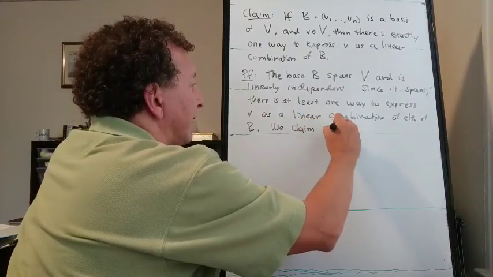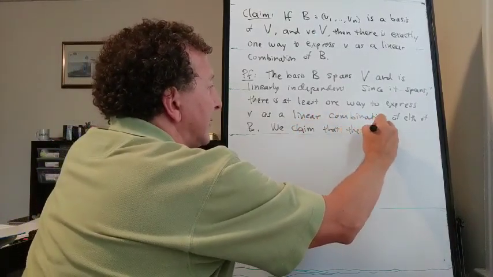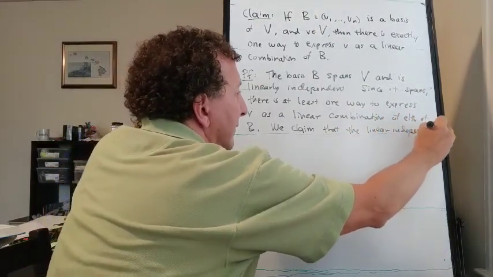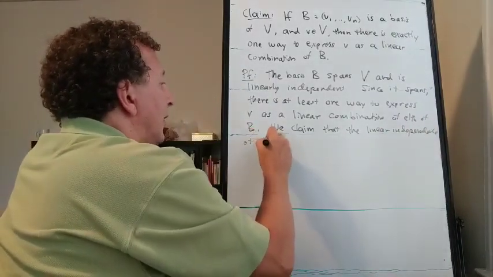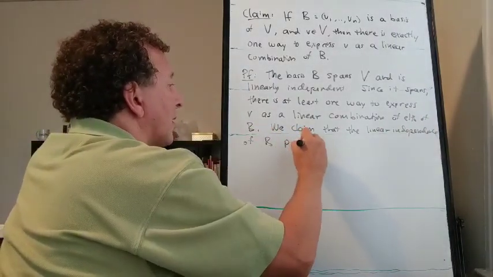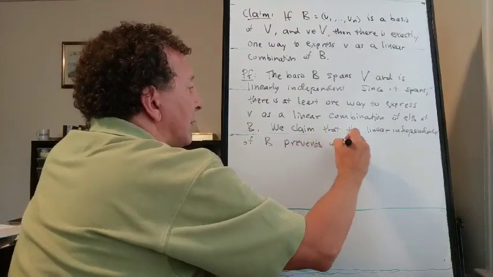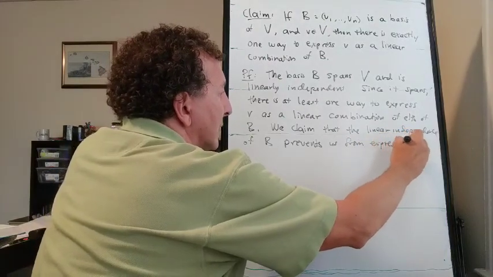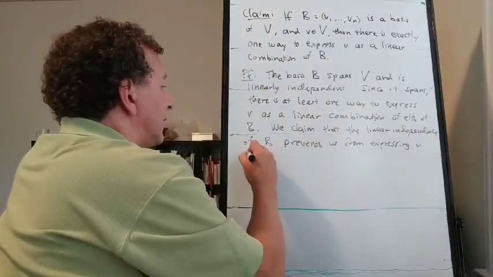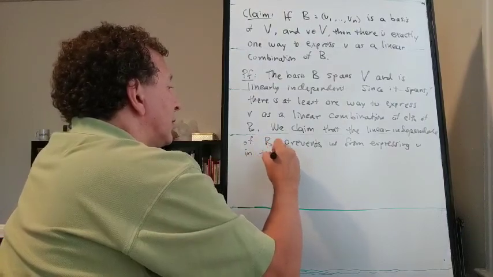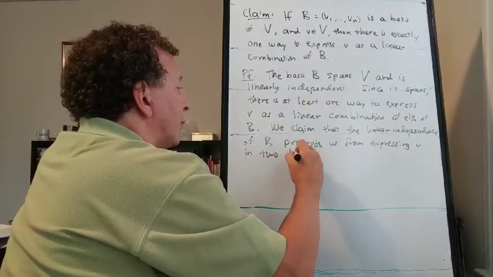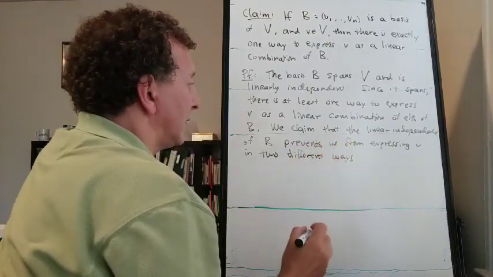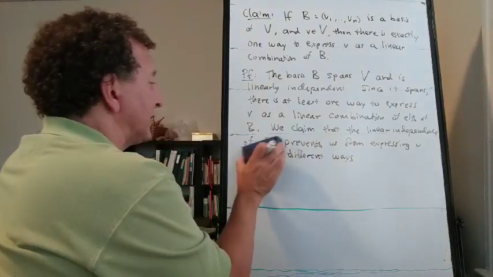So we claim that the linear independence of B prevents us from expressing v in two different ways, let's say as two different linear combinations.